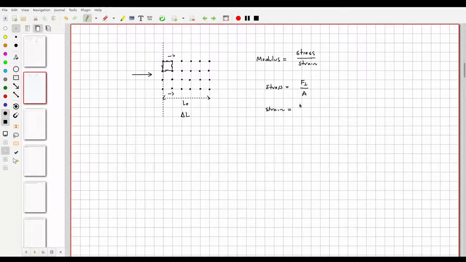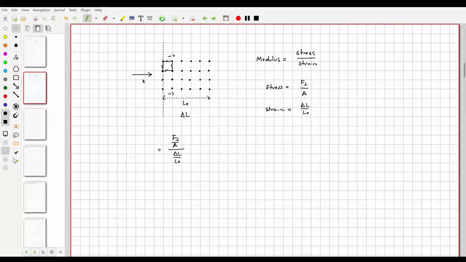And the strain is defined as that change in length over the original length. It's unitless, as you can see. So the modulus in this case, that is how well this thing resists compression, is stress over strain, or F perpendicular over the area, stress, over how the length is changed due to that stress.